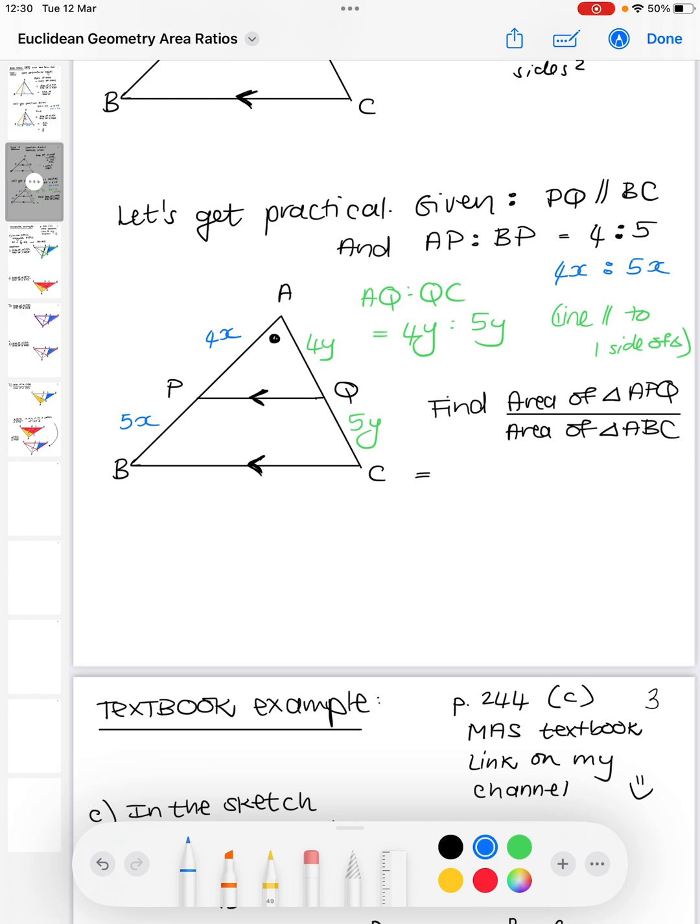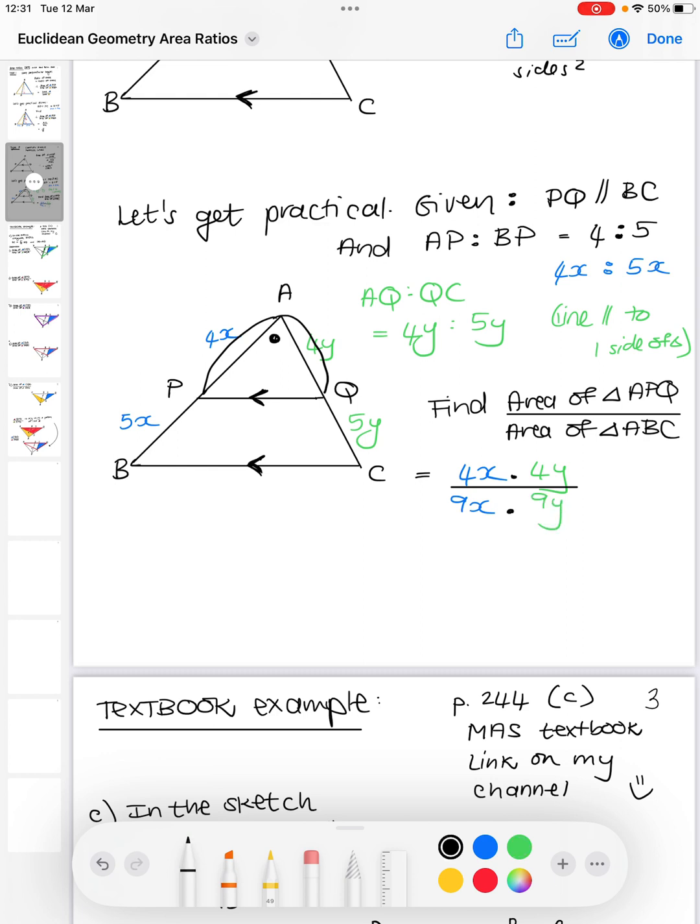You can take 4x, multiply that by 4y. What am I doing? It's this side multiplied by that side over the area of the bigger triangle, which would be 9x times 9y.